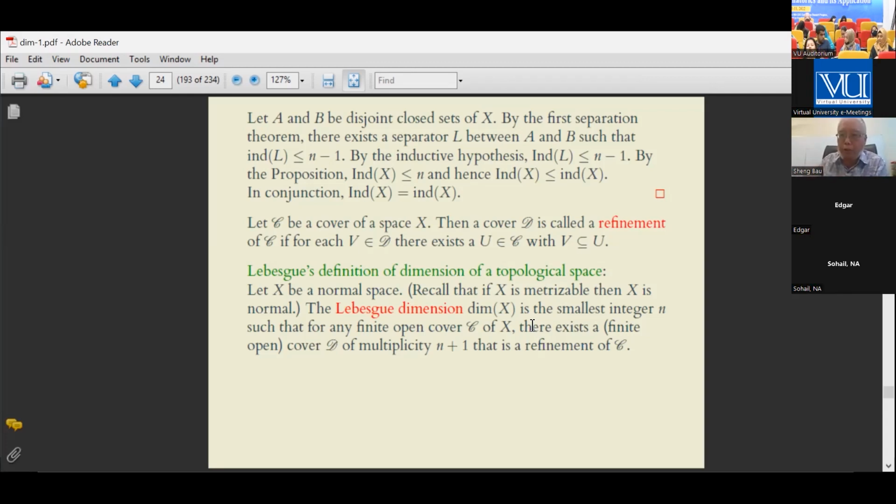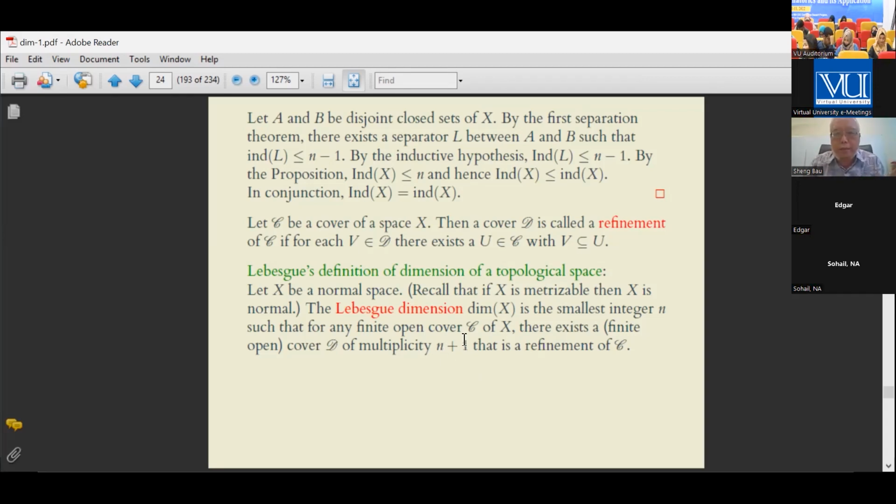Therefore, there is a cover which has only one open set that covers X. So Lebesgue is taking a finite open cover and then he's claiming that there must be a refinement. If you happen to take the whole space as a cover consisting of only one open set, then every point of the space is in exactly one member of this cover, and you cannot really have any other number than one.